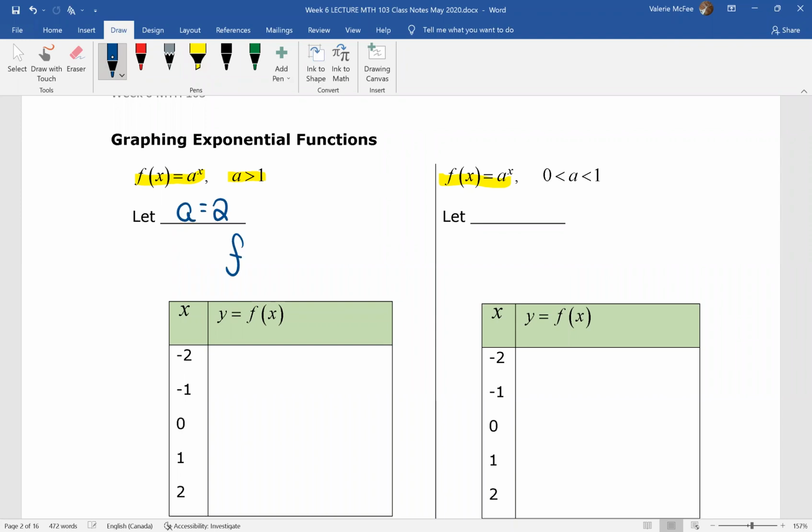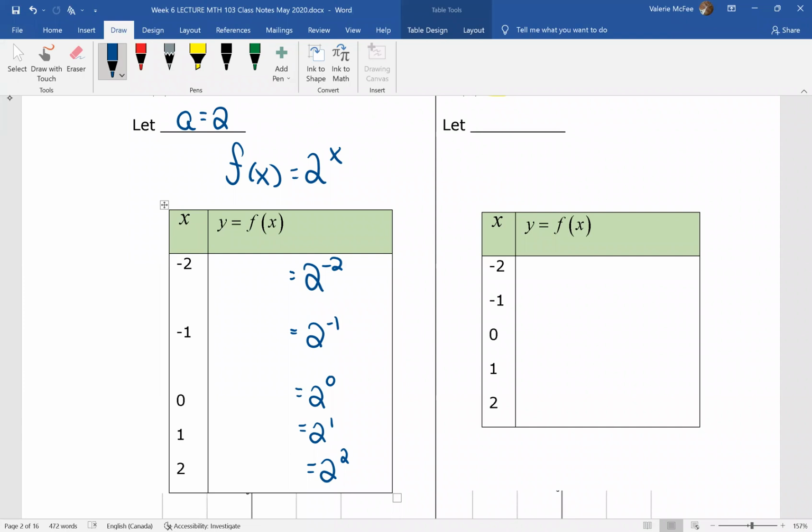So we have f of x equals a to the power of x, where a equals 2. So now we want to evaluate using the values of x that I've given here and find y. So we're going to let x equal -2, -1, 0, 1, and 2.